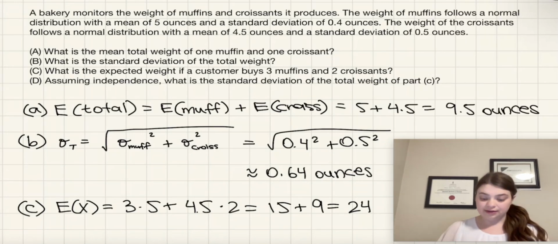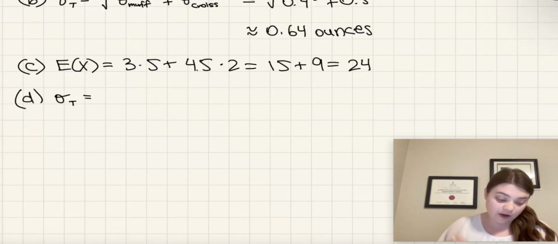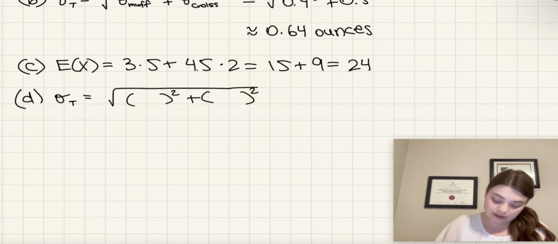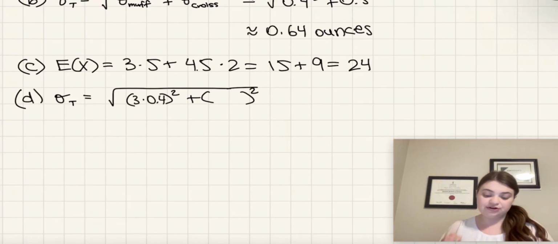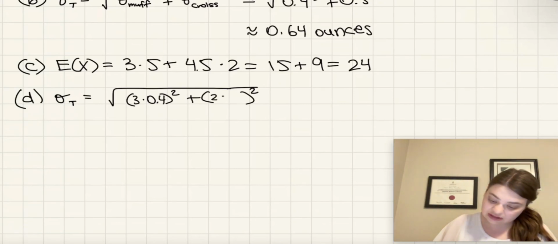So in order to find that, what we need to do is we need to say, well, the standard deviation here is going to actually be following the same pattern as before, where we're going to do the square root of the first one squared plus the second part squared. So in this case, it's going to be 3 times 0.4 because 0.4 was our standard deviation for the muffins. And then it's going to be 2 times 0.5.